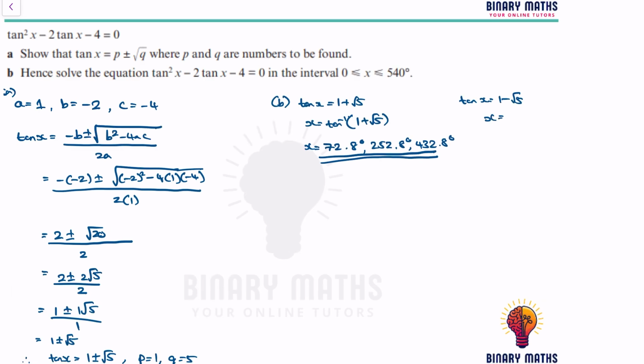For the second set of solutions, you can do inverse tan of 1 minus root 5, which means x is equal to, the first value you get from your calculator is minus 51.0 degrees. Now we know that's outside our range, so I straight away cancel it out. So cross it out because we don't want it written down in our solution.